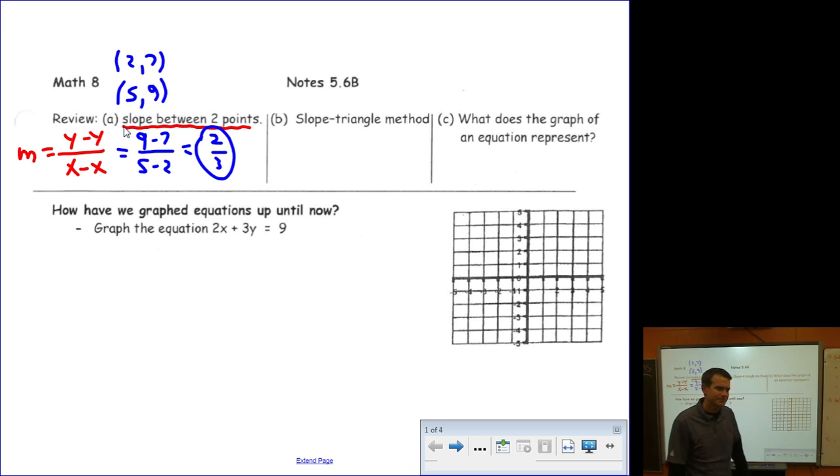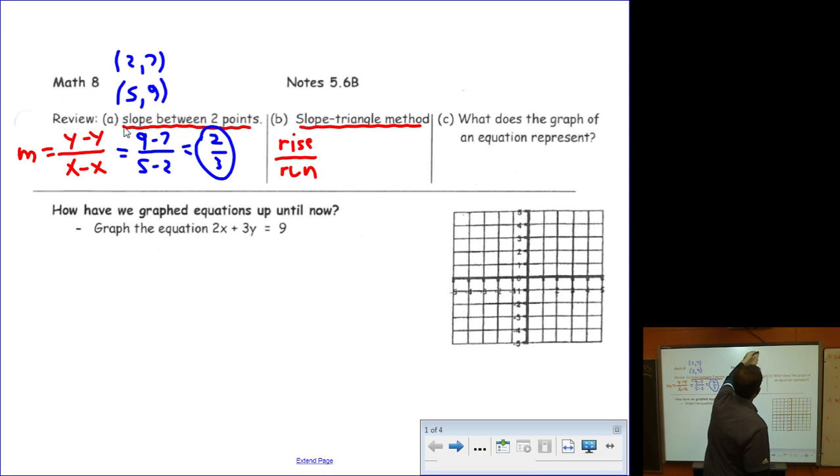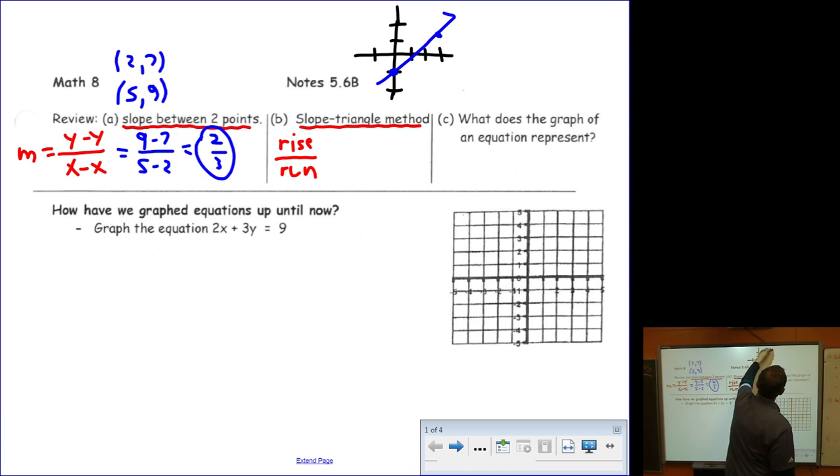The other way that we learned how to calculate the slope of a line is by looking at a graph and using what we call the triangle method, where we calculate the rise over the run. For instance, if we had the graph of a line, and we put some points on that line, so it looks like that.